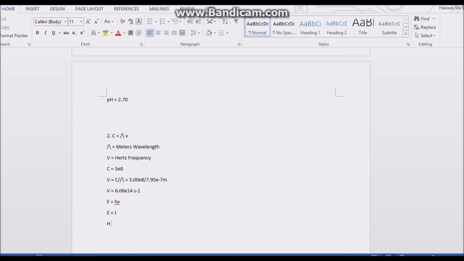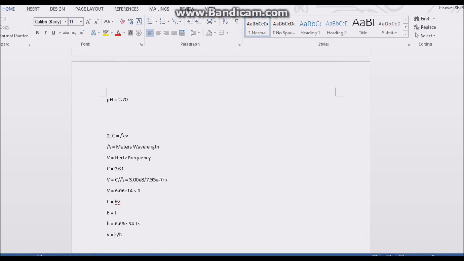H is Planck's constant, a constant associated with electrons. Its value is 6.63 times 10 to the -34th, and it does have a unit. It is measured in joule seconds. Now, to find the nu, simply divide E by the Planck's constant.